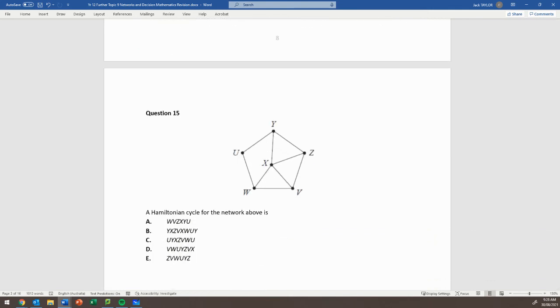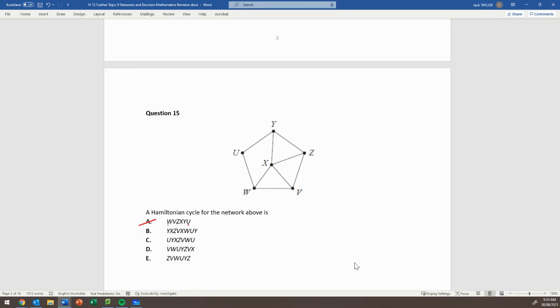A Hamiltonian cycle for the network above is. All right, so with these ones, remember, there can be more than one answer. It has to start and finish at the same vertex and has to visit every vertex exactly once. So I'm going to straight away eliminate A because it starts and finishes at a different vertex.